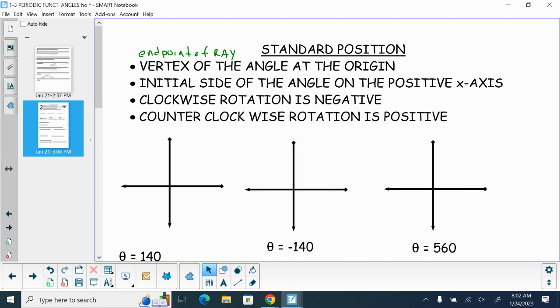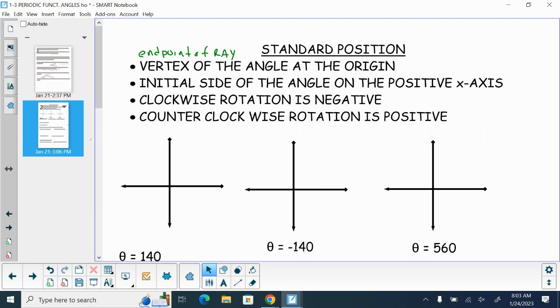If you're tightening a bolt or tightening a screw, you have to go clockwise. That spins it down into the wood or onto the bolt. That is a negative direction. If you go lefty-loosey, that's going to be coming out at you, and that's a positive direction of the bolt. So clockwise rotation is negative, counterclockwise rotation is positive.